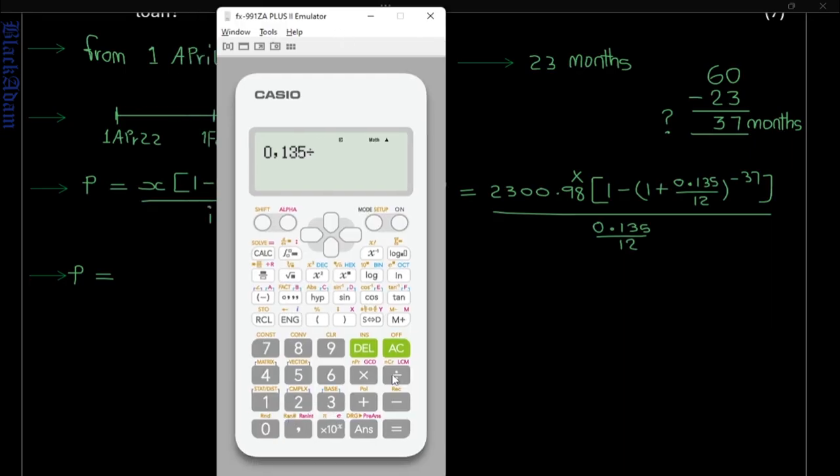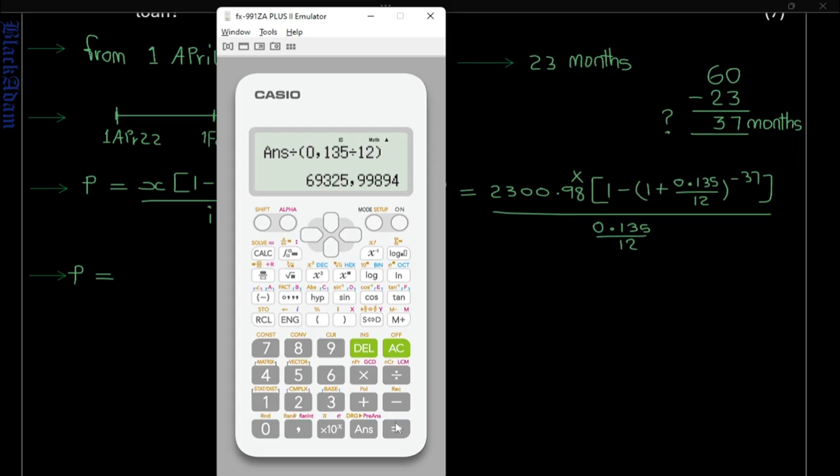So let's start afresh. 0.135 divided by 12, plus 1, to the power negative 37 gives us that. Change the sign, so it's going to be a negative answer, plus 1. So 0.338 multiplied by 2300.98 gives us that answer, and all of that divided by 0.135 divided by 12.